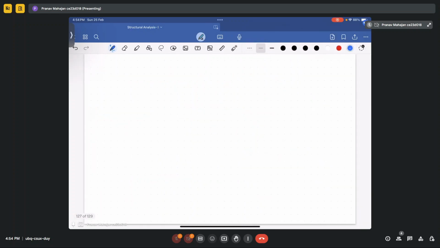Draw the diagram for this. You have two reactions of 12.5 kilonewton, and your loading is there for 25 kilonewton.